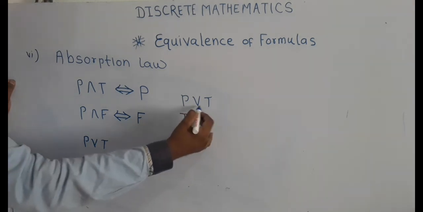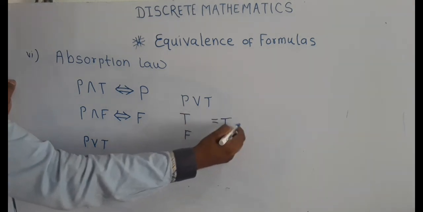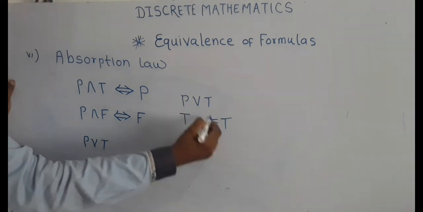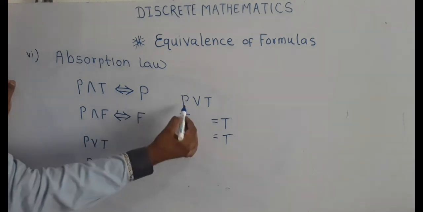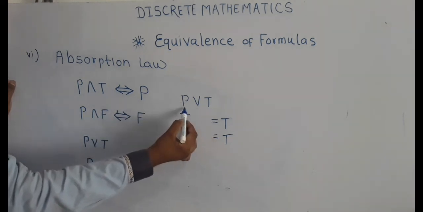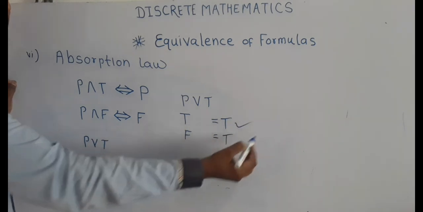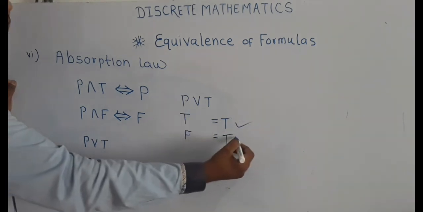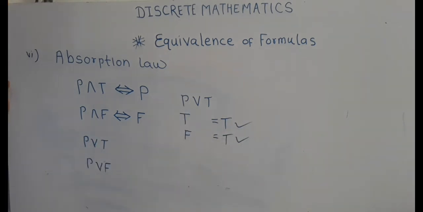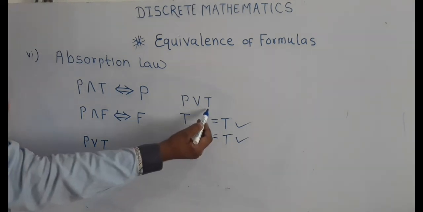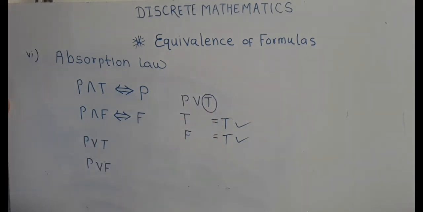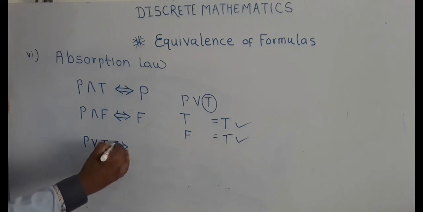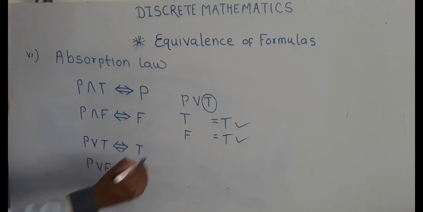If we have T or T, then it is equal to T. F or T is again T. Means here in P or T, it does not depend on P. If P is T, then it is T. If P is F, then also it is T. Because in the OR operator, if any variable is T, then the output is T. And here the second is a constant T. That's why the output will always be T. It does not depend on P. That's why we can write that P or T is logically equivalent to T.